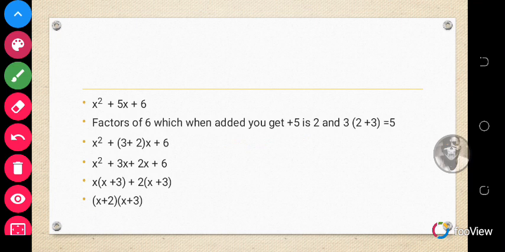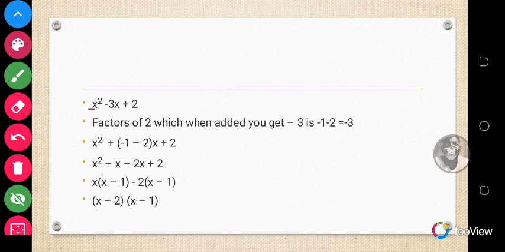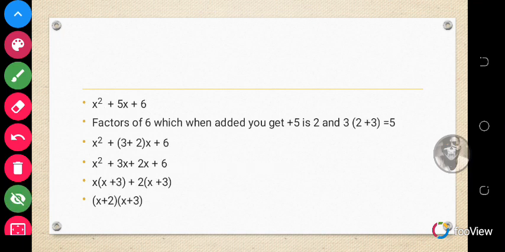Let's look at another example. So we are solving another example, x squared plus 5x plus 6.